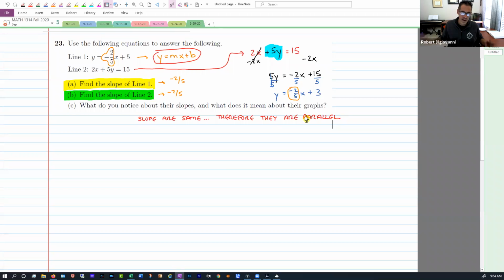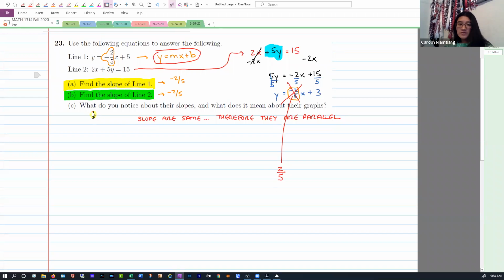What if the slope of the second line, instead of being negative 2/5, what if it had turned out to be positive 2/5 instead? Then the answer to part C would be what? What would it be? That'll be not perpendicular. Wouldn't it just be like nothing, like undefined?